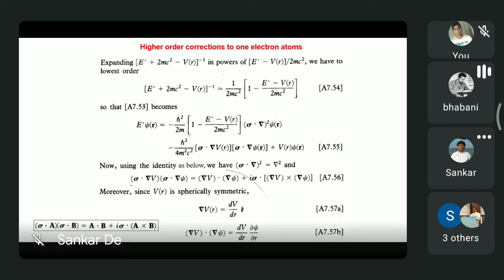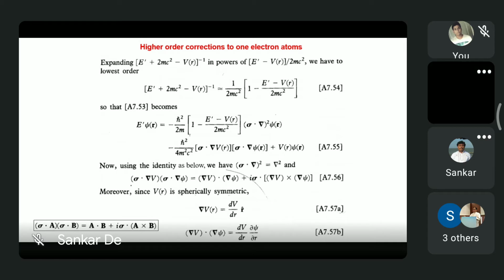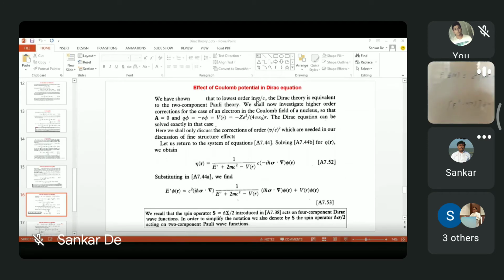Okay, so there is a problem. E prime psi r, minus h cross square by 2m. Where does that come from? C square is there. Okay, let me show you. You can see this one, right?